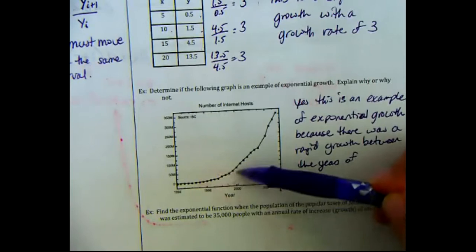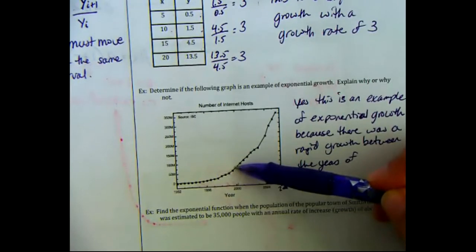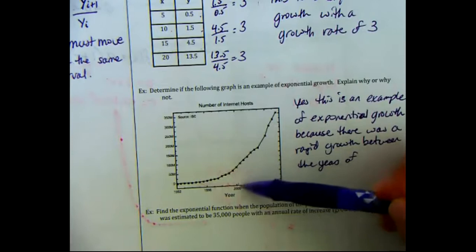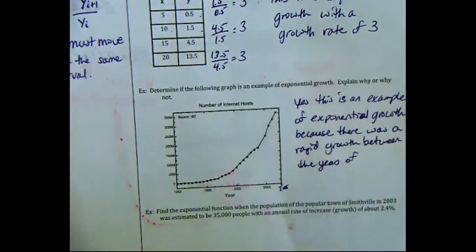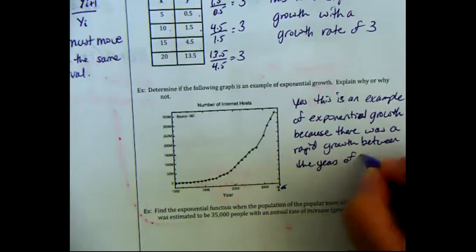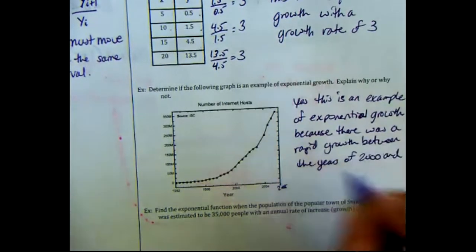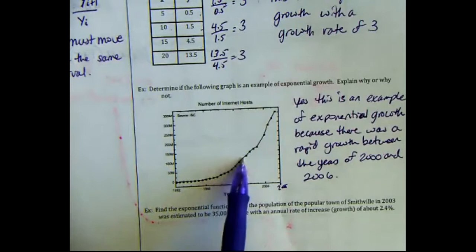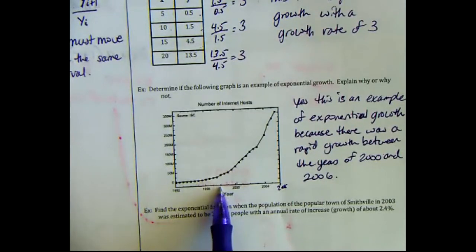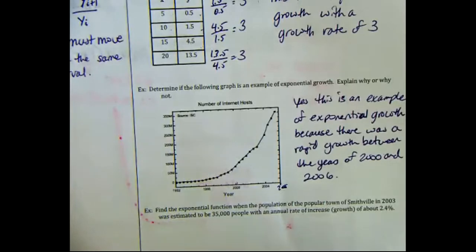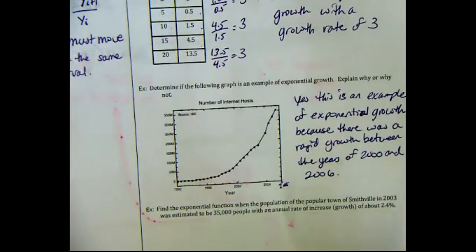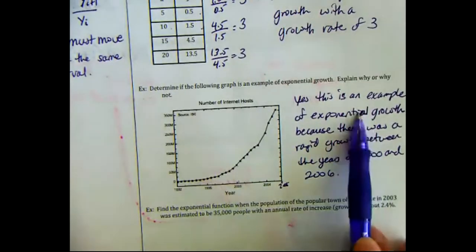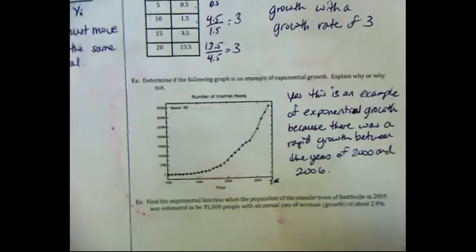So you could technically say from the year 2000 to 2005 or 6, between the years of 2000 and 2006, right? You could even go a little further because it looks like the growth is kind of starting over here. So you could have even said from 1998 and on, right? So yes or no, explanation why.